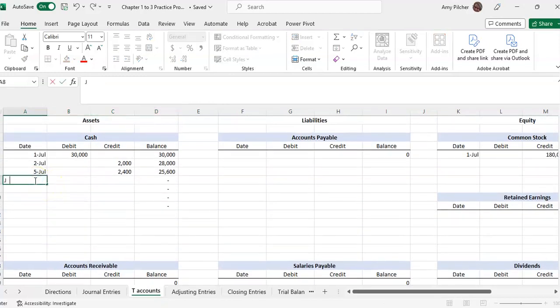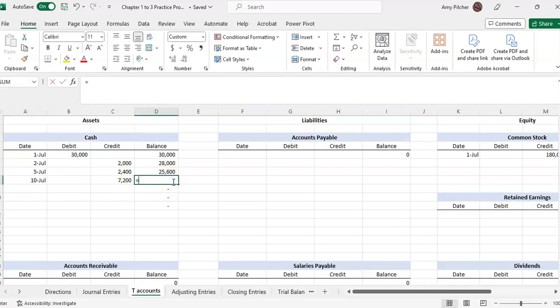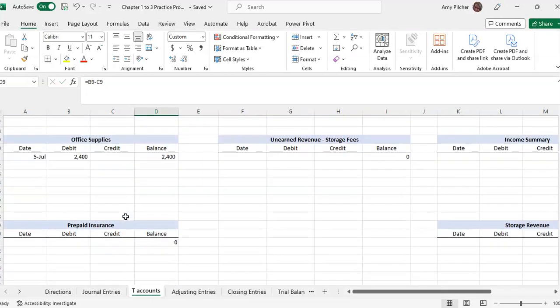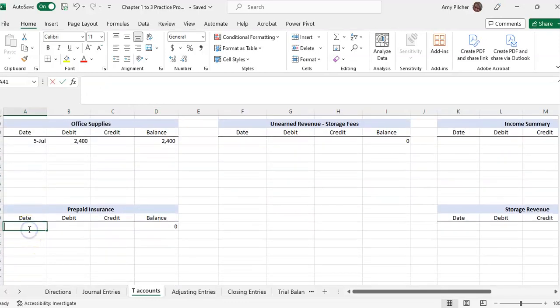So July 10, cash out of $7,200, balance minus our credit, and then our prepaid insurance with a debit of $7,200.